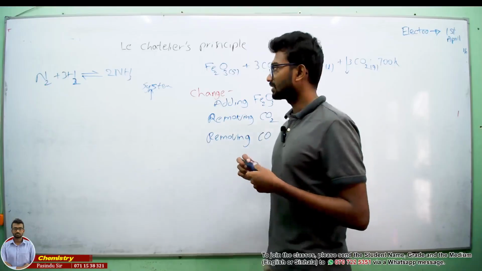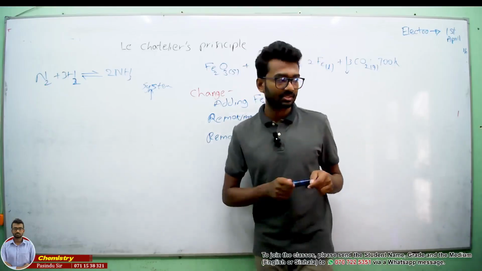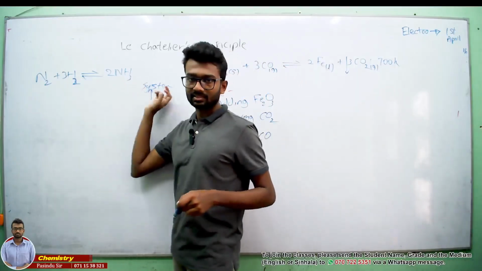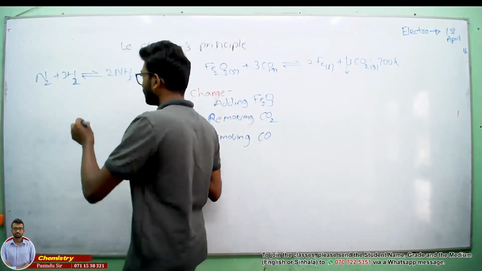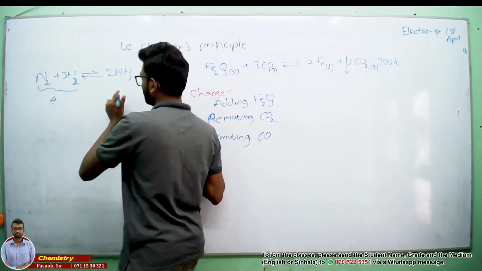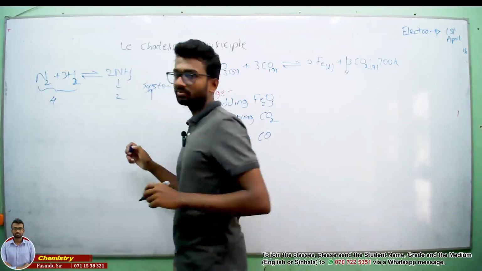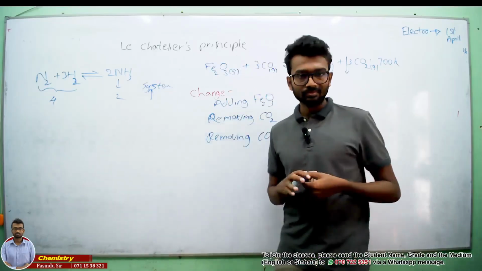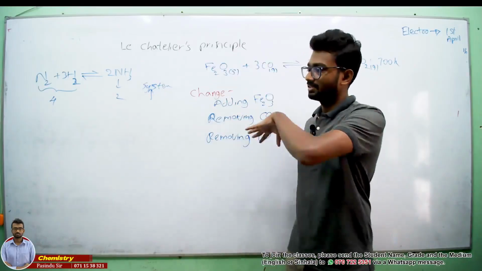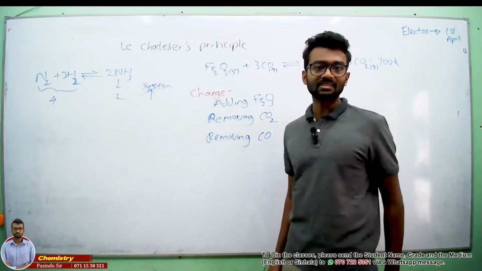Is there a way for the system to increase the pressure here? Right? These are gases, right? This side, how many gas molecules? Here there are 4 gas molecules, right? This side only 2 gas molecules, right? You know, when you come to gases, whatever the gas is, it is a gas.